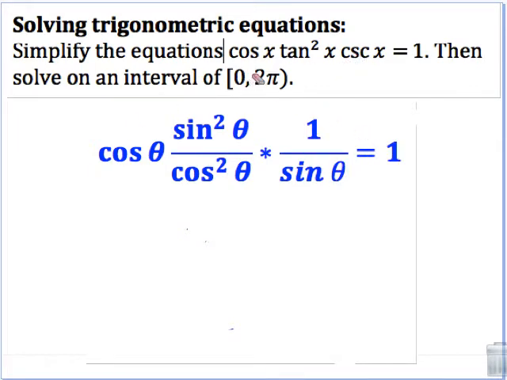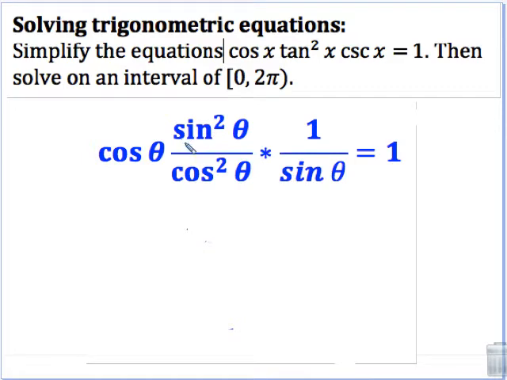So here, cosine is already in terms of sine or cosine. Tangent squared x is going to be sine squared theta over cosine squared theta, and then cosecant is going to be 1 over sine, and that's equal to 1. Now I need to cancel out as much as I can.